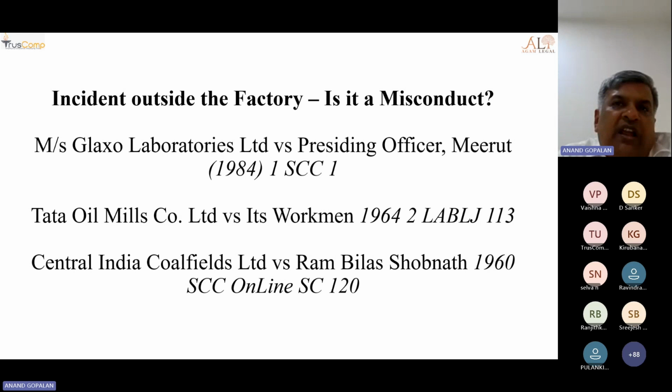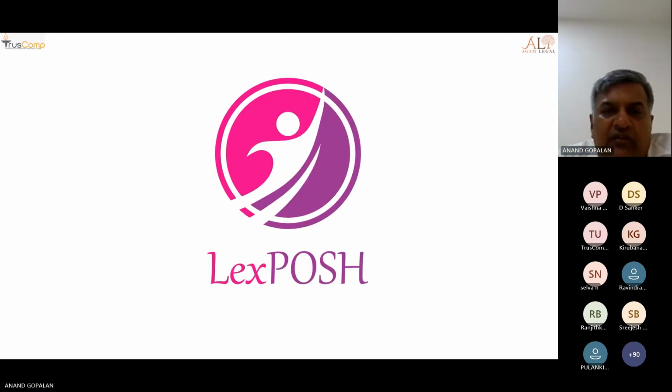But let's assume it is related to an employment, but it happens outside the factory. That question was also considered by the Supreme Court, and it came to the conclusion that even if it is an incident outside the work area, the factory, still if it is connected with the employment, it will amount to a misconduct.